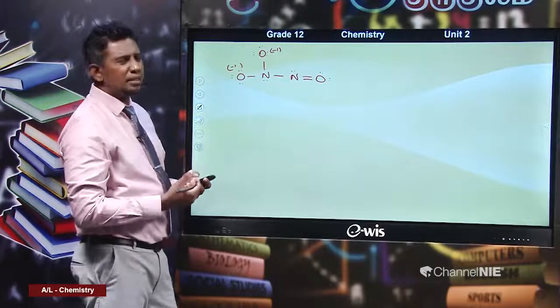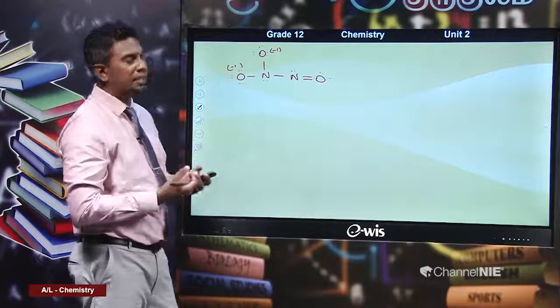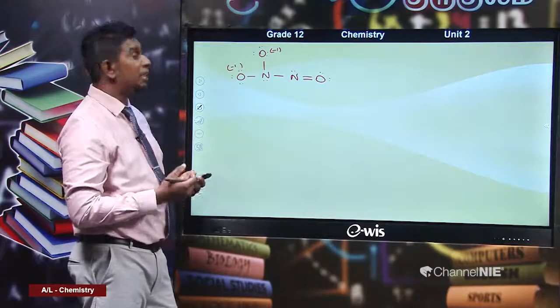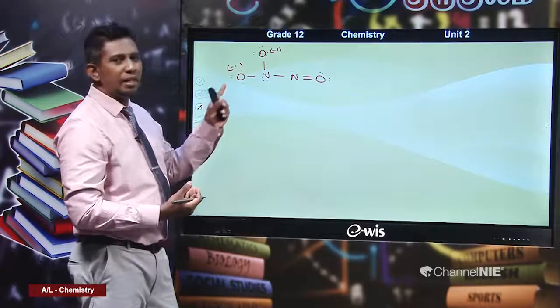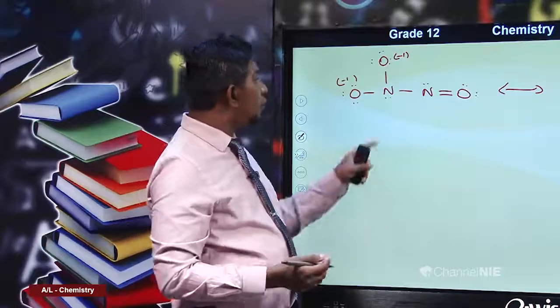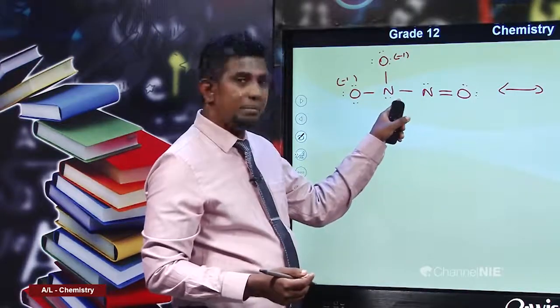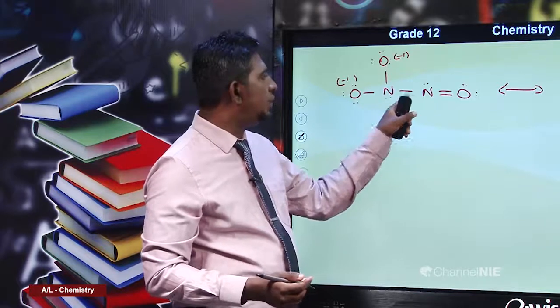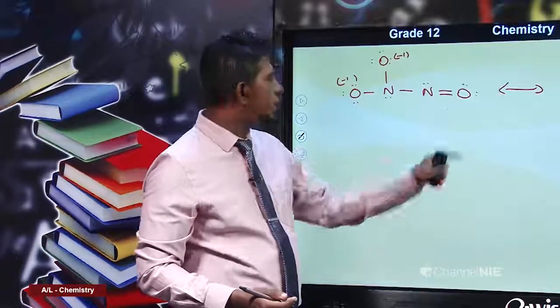Resonance structures stand in for this. This is the Lewis structure. This is the most stable structure. But further, they need some other suitable structures as well. Right. You could use this pair to form a dative bond. Here a pi bond would be between these 2 nitrogens, and you could shift this pi bond towards oxygen.